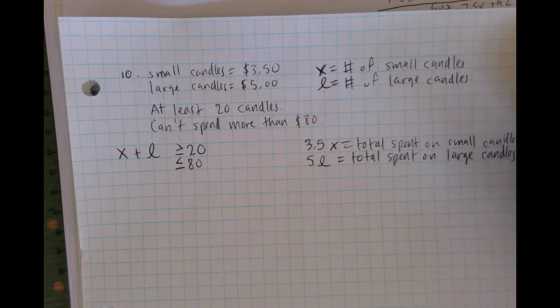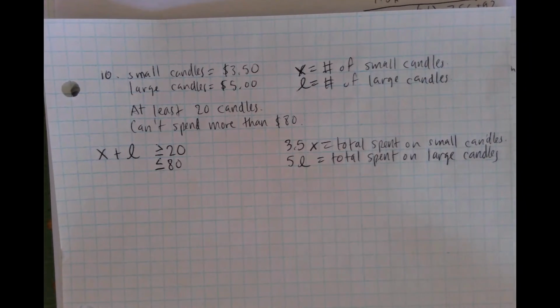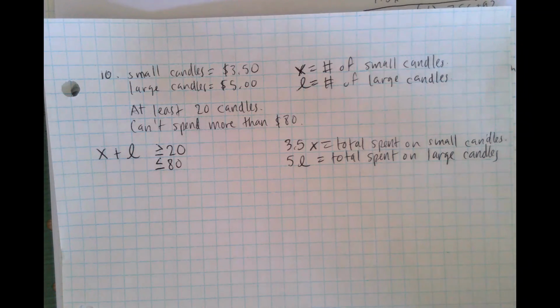So you can see here that 3.5x represents the total amount of money that Jonah spent just on small candles. And 5L represents the total spent on large candles.